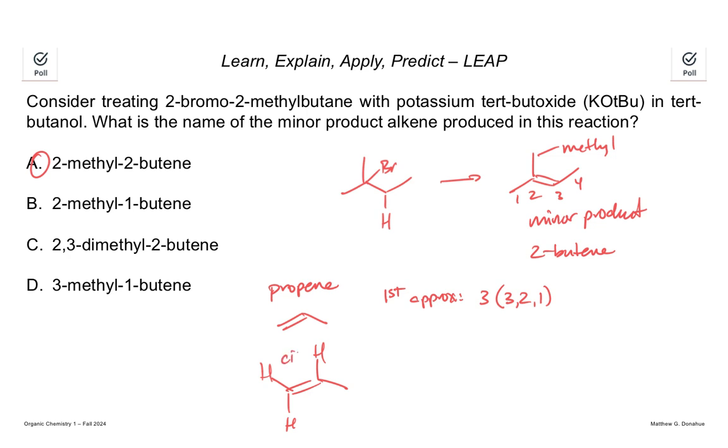So these are cis, and then those are trans. Because they have a different relationship to the C2H, they have to be different. So your second approximation that better accounts for those relationships would give you 4 unique sets.